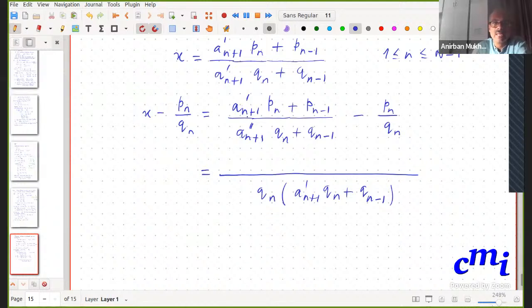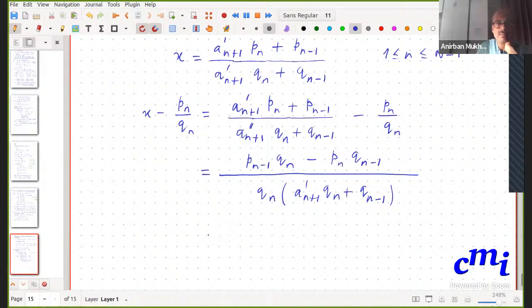So this is An plus 1 dash Pn Qn, and from the other side also you get minus of the same thing, An plus 1 dash Pn Qn. So that's cancelled, so only the other two survive. So what we get is, let's write Pn minus 1 Qn minus Pn Qn minus 1.